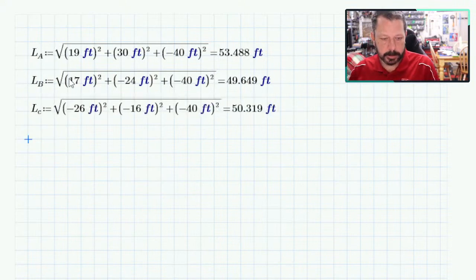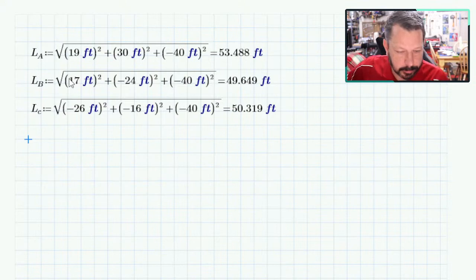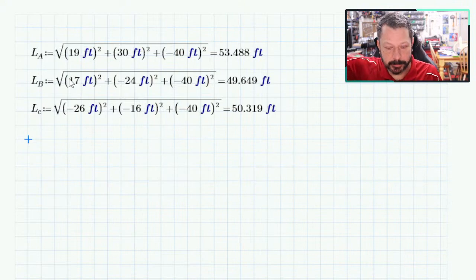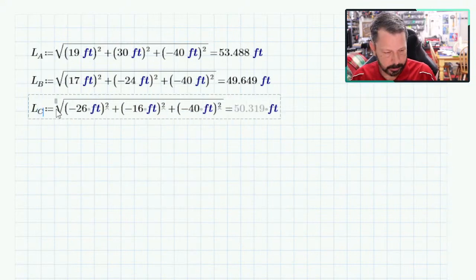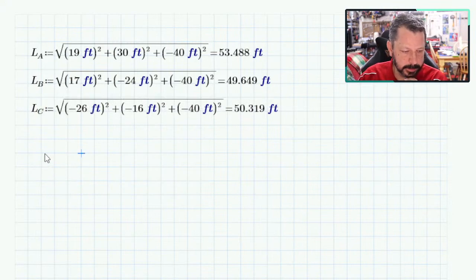All right, so there's all of our lengths of these cables. They're all roughly the same length, which they should be. I mean, they're all in the same vicinity, and one of them's not really far away from the others, which would make it much longer. So those are the lengths of our things. It does look like I used a lowercase c. Since I used uppercase for all the others, let's make that uppercase.